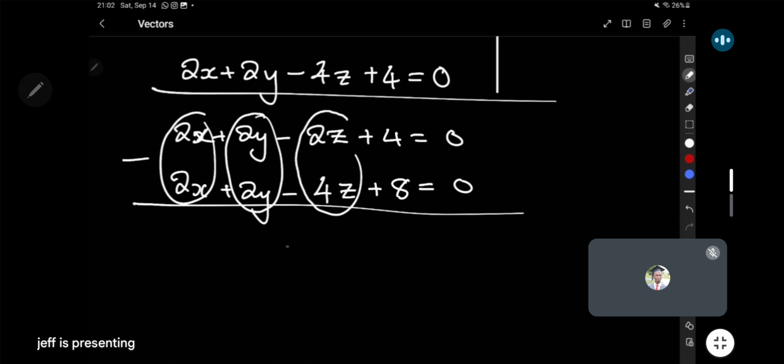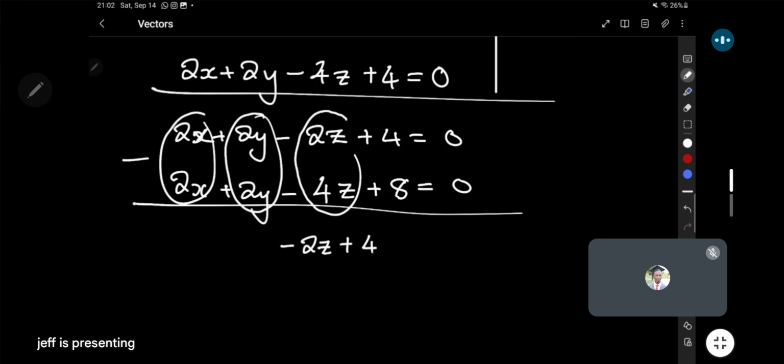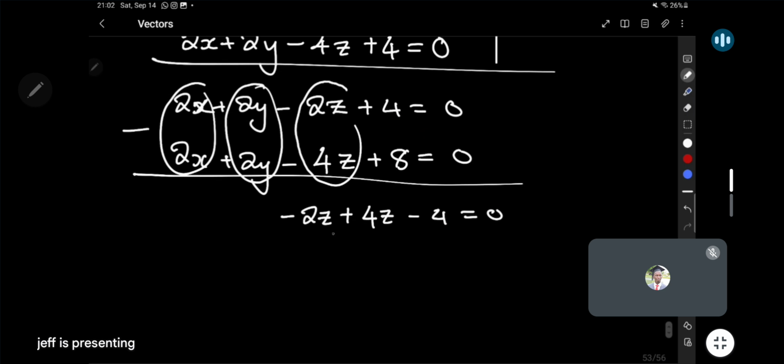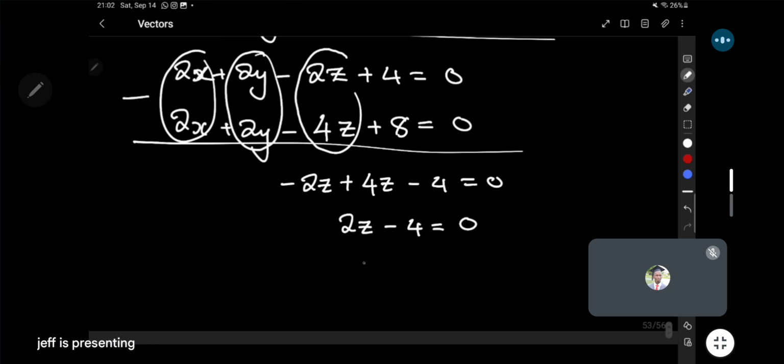So this would end up giving us minus 2z plus 4z, and then this would end up giving us, let's see, 4 minus 8, which is minus 4, is equal to 0. So now we have 2z minus 4 is equal to 0. And this is reducing to an exact value for z. z is equal to 2. So z is reducing to just being 2 here.